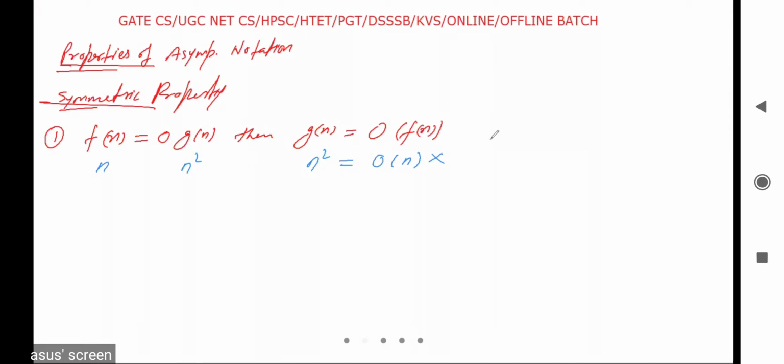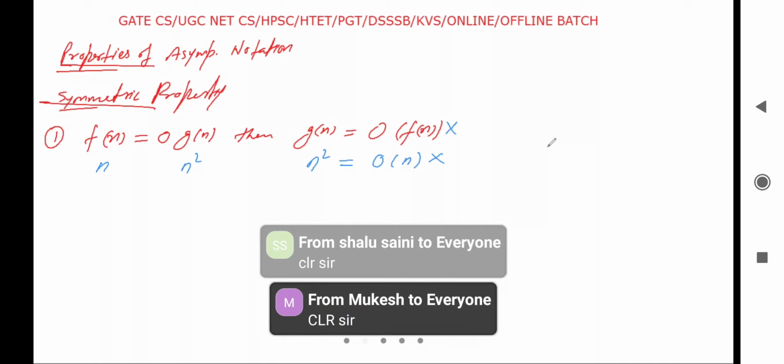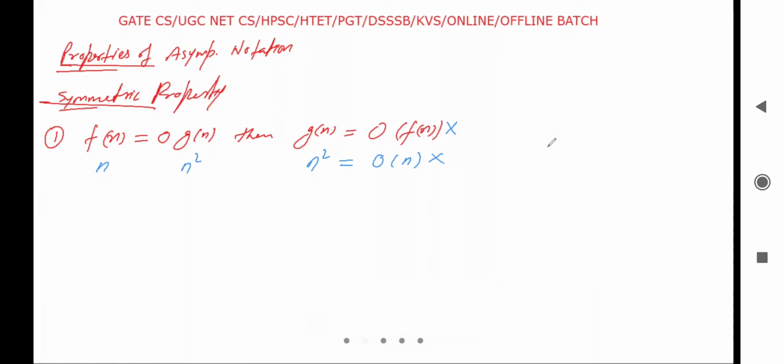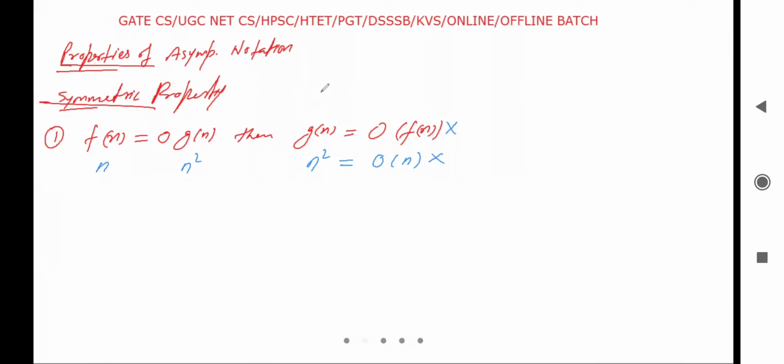Now tell me, is it clear? So it is not closed. Okay, fine. What about the small o? In case of small o, is that property holding or not?